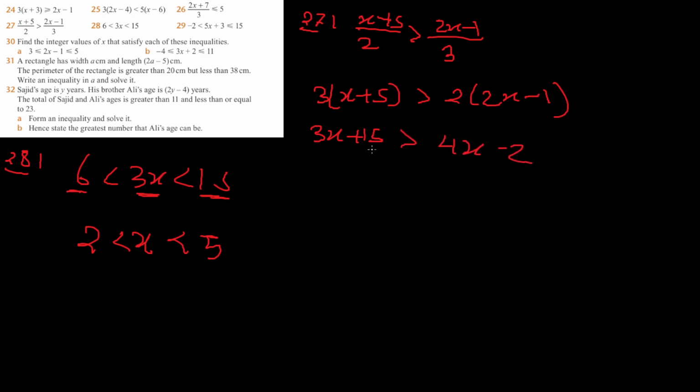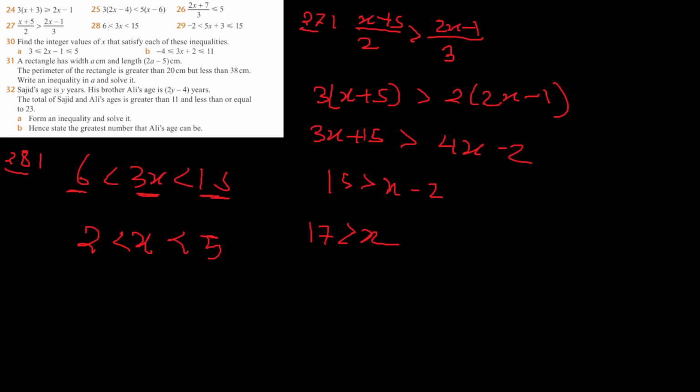And then we simplify it further, so we can just get 15 is less than x minus 2, and if we add 2 here, we'd get 17 is greater than x.